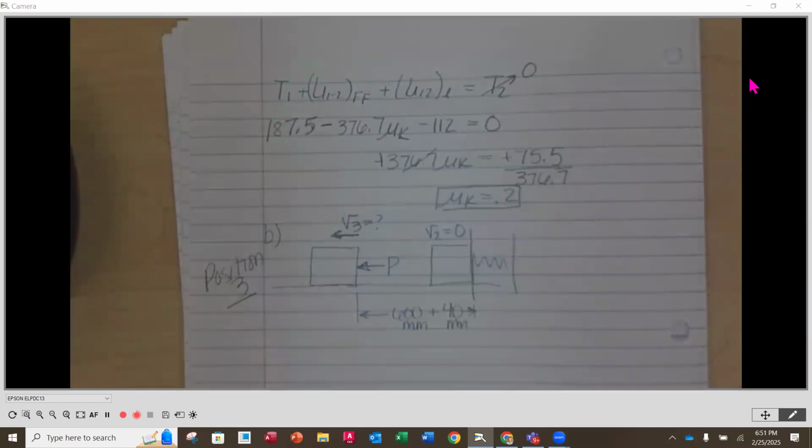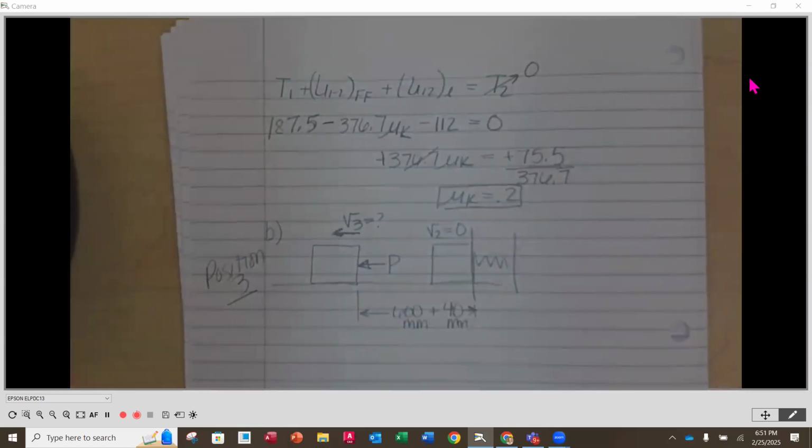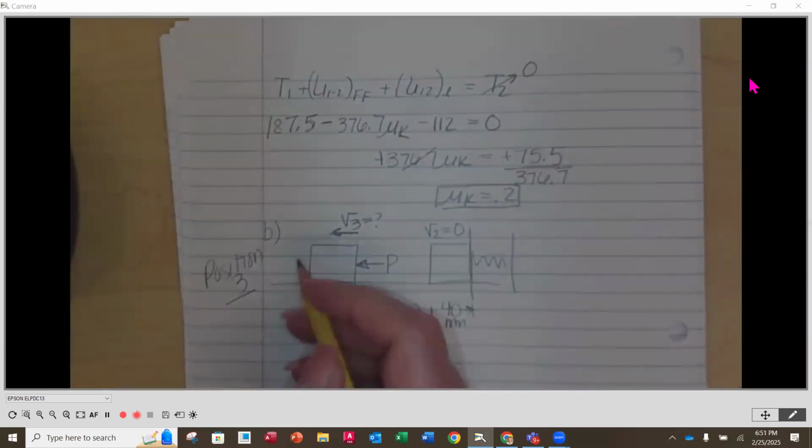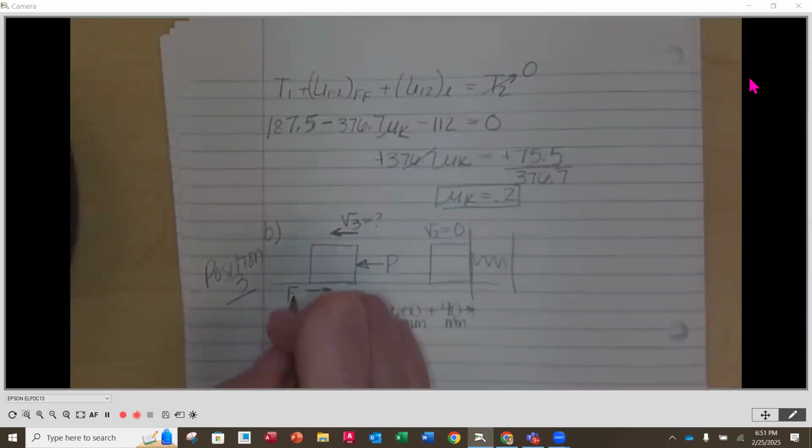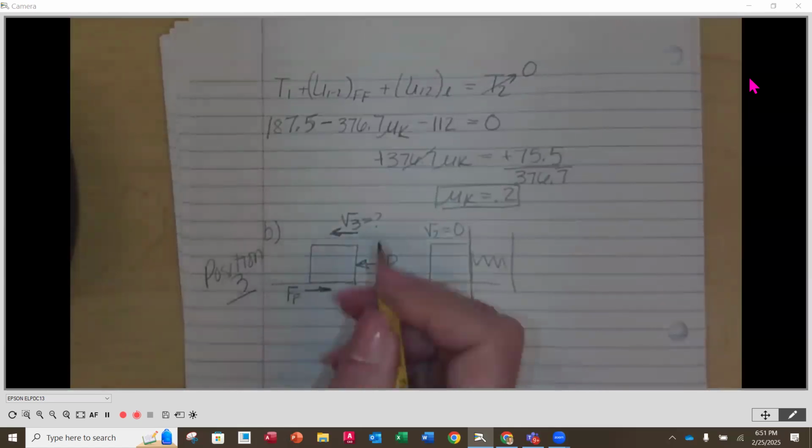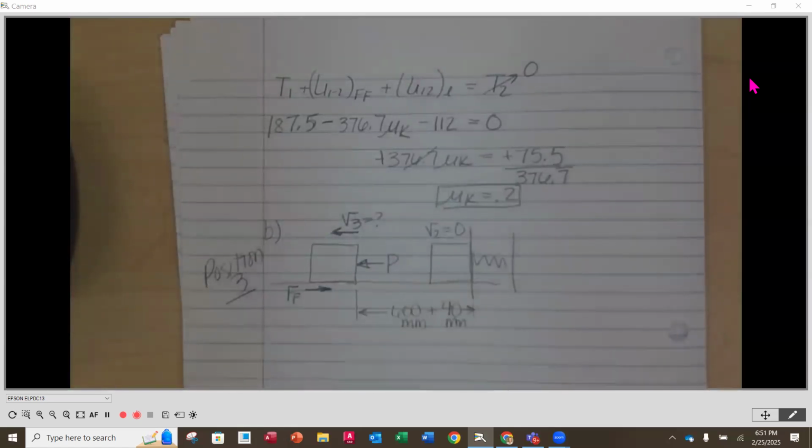Okay. Now, as it's moving backwards, there's a friction force there, but since it's moving to the left, the friction force direction changes. So the FF is going to be going to the right. Friction force is going to impede motion, so it's going to be going in the opposite direction. Now, same surface, same package.